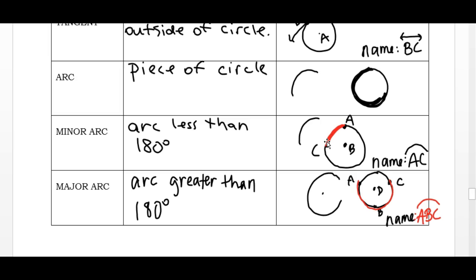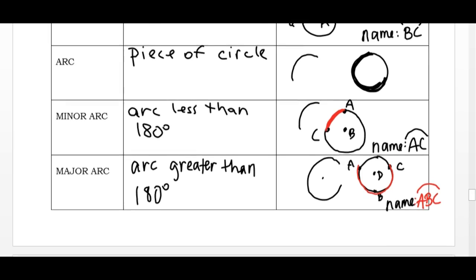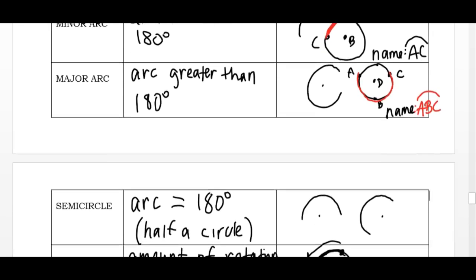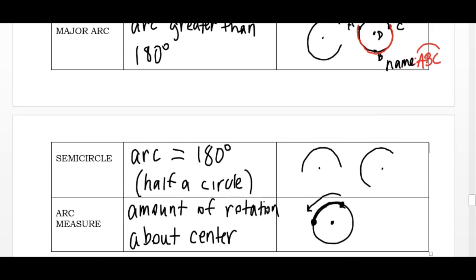And if I want to keep going and do a name for a semicircle, just like a major arc, it uses 3 letters. So I'm going to erase one of these so I can do a full one.